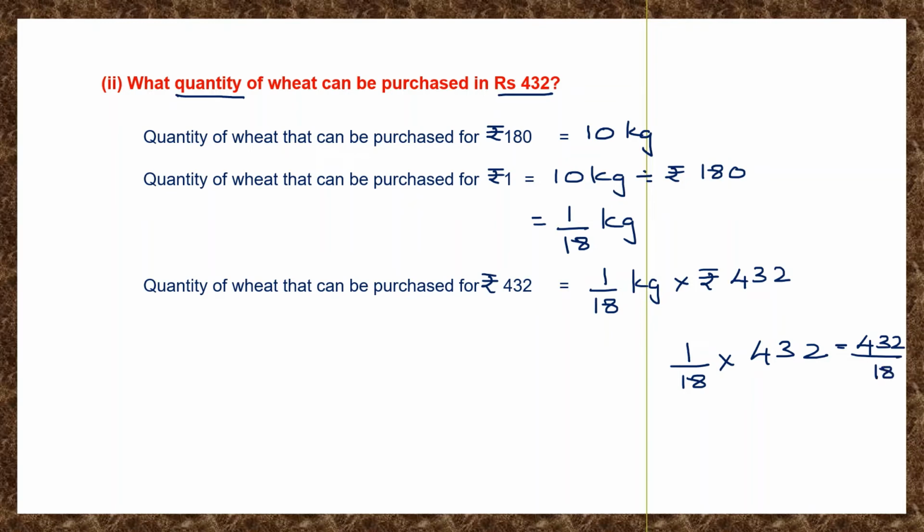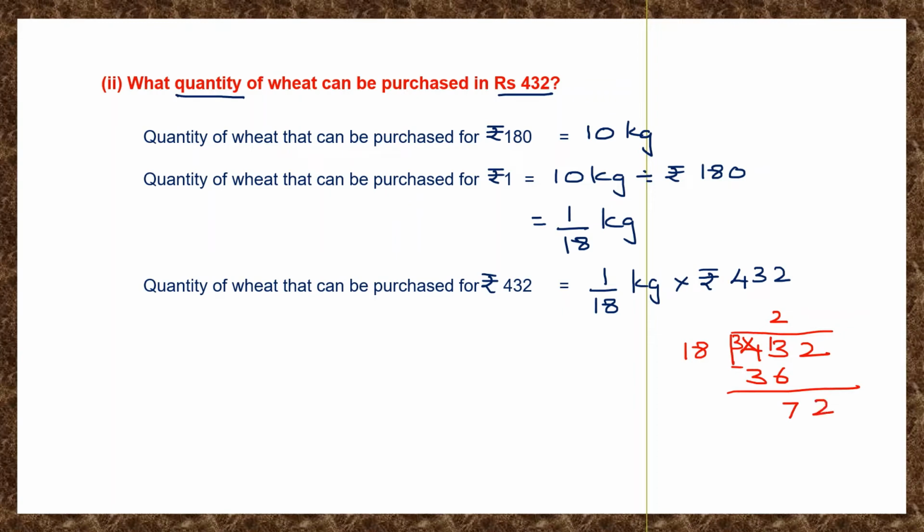So let's divide 432 by 18. So 432 divided by 18 will take 43. 18 twos are 36, minus 3 minus 6 you can't do, so you need to borrow. So here 13 minus 6 is 7 and then 2. Now 72. 18 fours are 72.